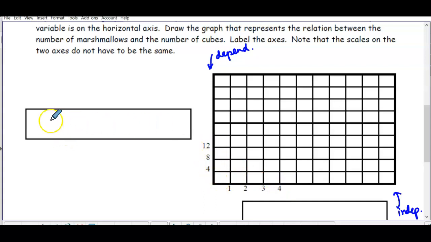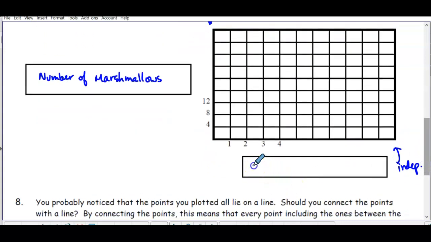So here, we're not going to call this range. We're going to, for this particular example, this is the number of marshmallows, and then this is the number of cubes. Now we need to finish off here.